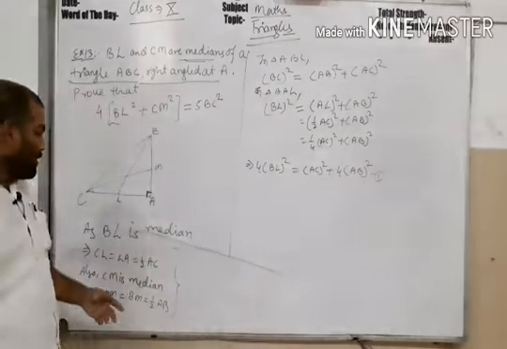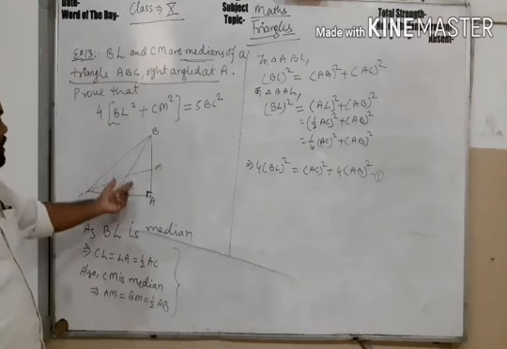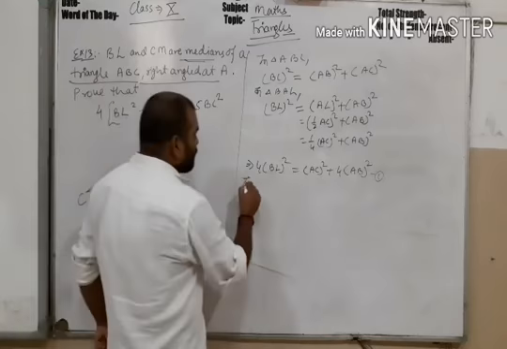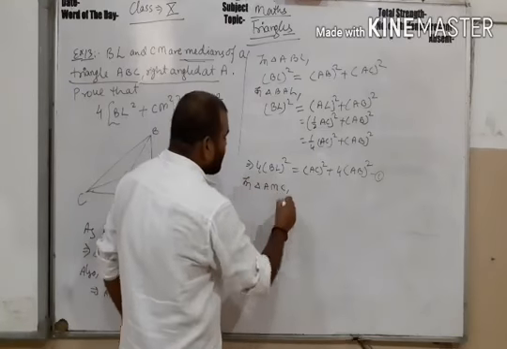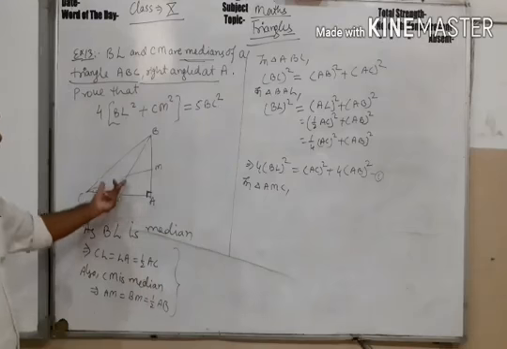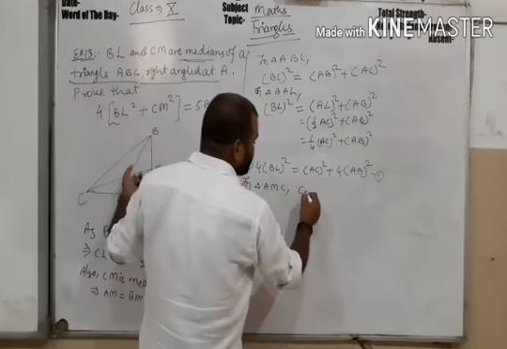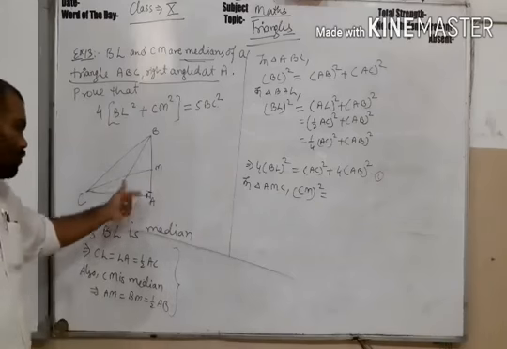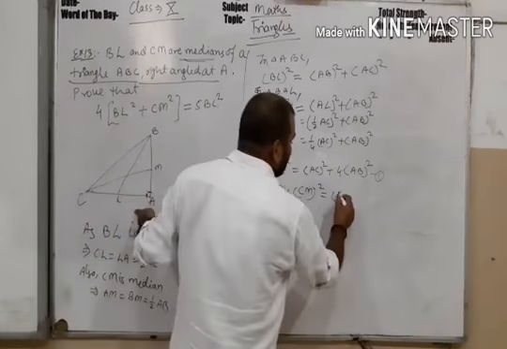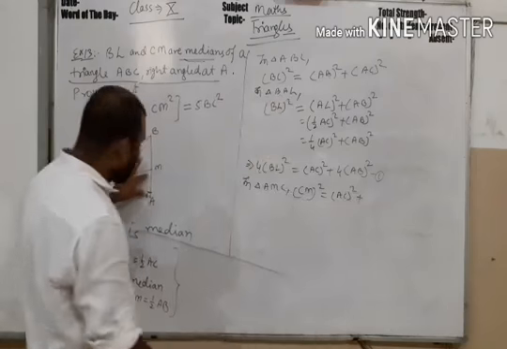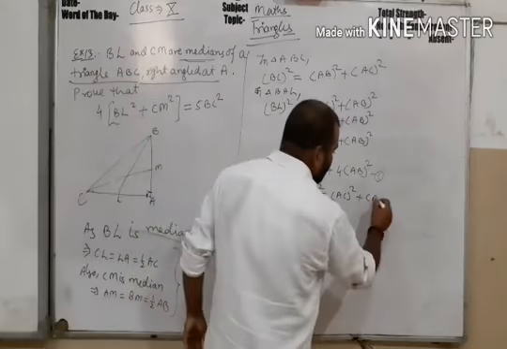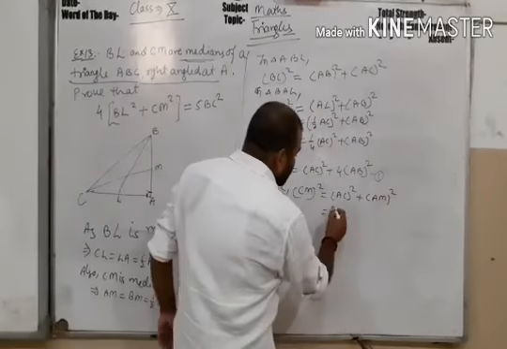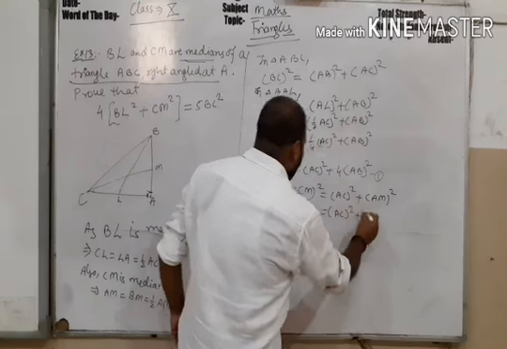Clear? Similarly, we need the square of CM also, and CM is in triangle AMC. So in triangle AMC, the square of CM, the hypotenuse, is equal to the sum of the squares of the other two sides, means the square of AC plus the square of AM.